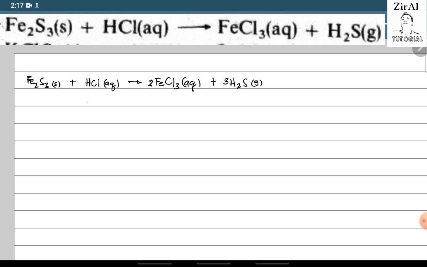After that, we go to hydrogen. You already have six hydrogen in the H2S, so you have to put six in the HCl, so that all the hydrogen will be balanced, since there is no other hydrogen.